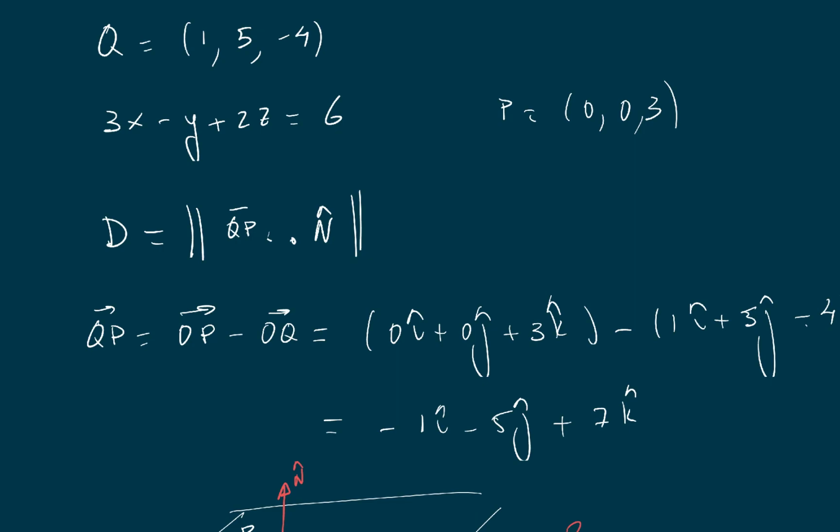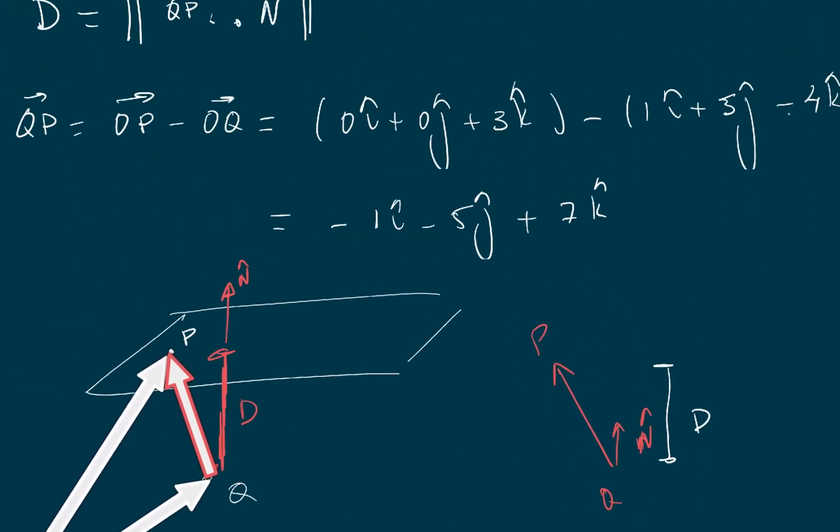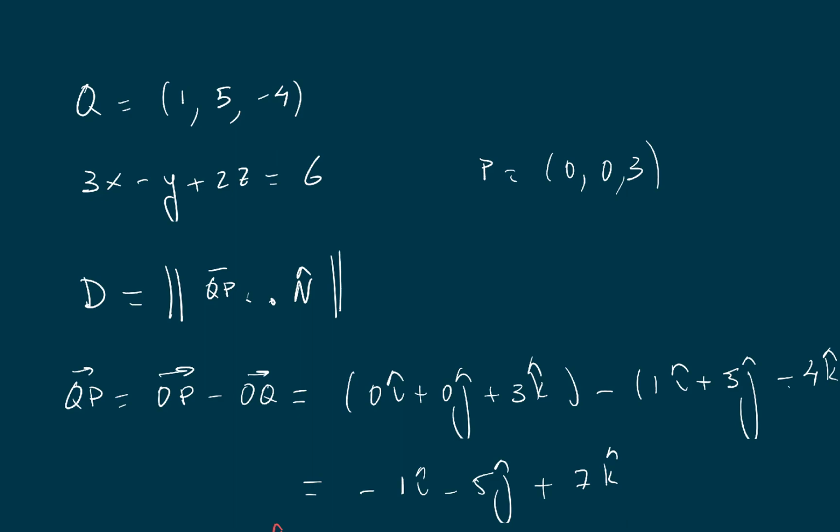The normal vector n is the vector 3, minus 1, 2, and the unitary vector n is 3i minus 1j plus 2k divided by the magnitude of n.